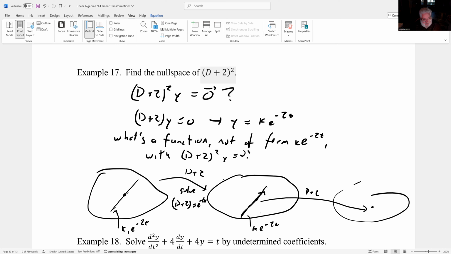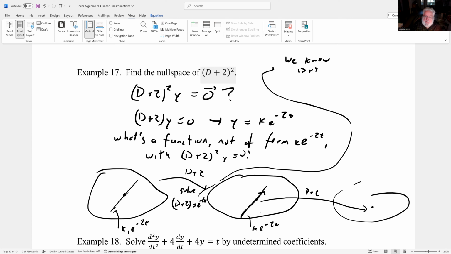Well, how can we solve that? Well, let's just rely on the product rule again. We know this is in the null space of d plus 2.